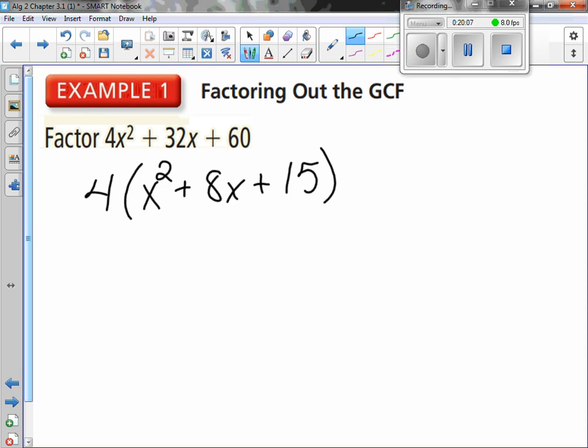It's 1, so I just have x squared. 32 divided by 4 gives me 8, so I have 8x. 60 divided by 4 is 15. So that's step 1. Factor out the greatest common factor. Step 2 is what? 2 sets of parentheses with 3 spaces. So I'm going to have 4 parentheses. 1, 2, 3.